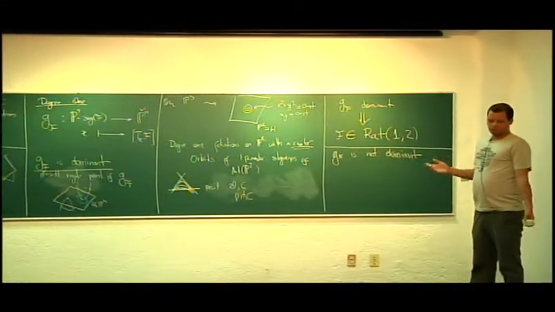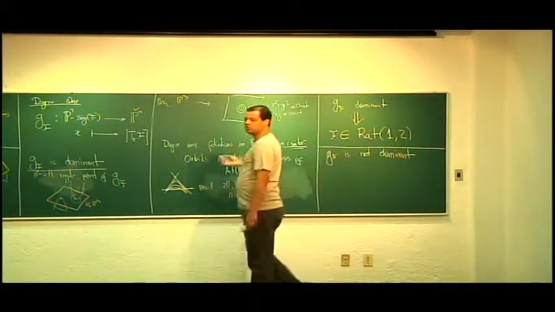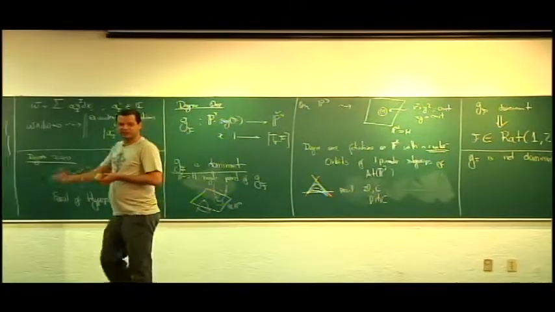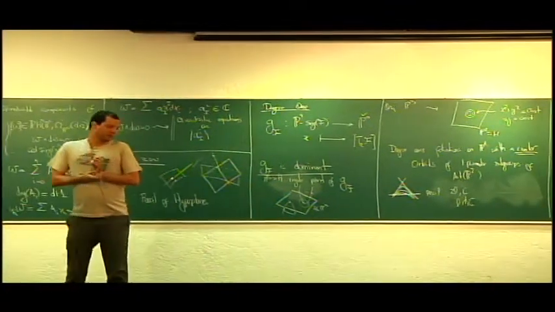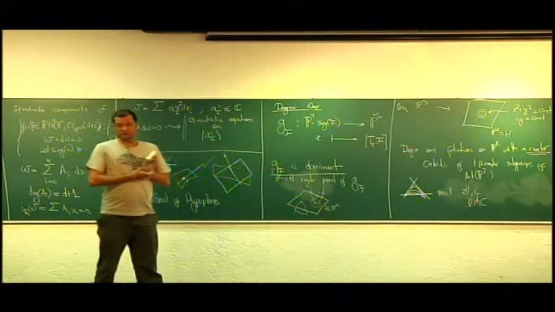So the study of varieties with degenerated Gauss map is very classical. I think as soon as we have varieties, we are led to study them. And there are very nice works by the Italian school of algebraic geometry, the classical school.